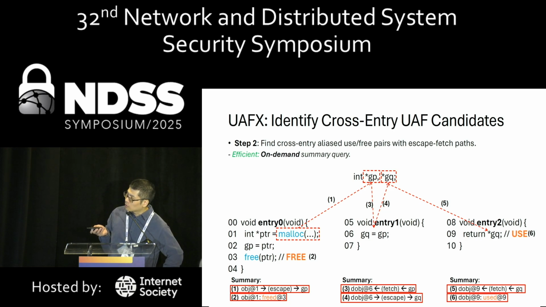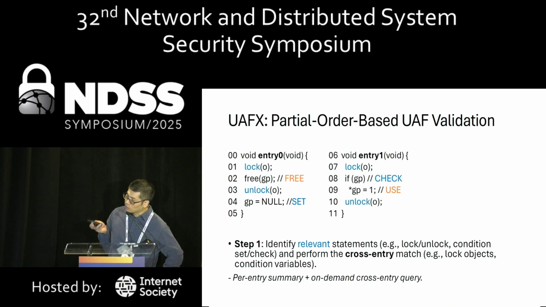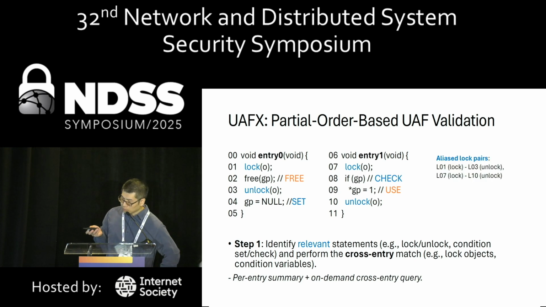So our next step is that we need to verify that this UAF can really happen given the previous candidates. Towards this end, we first need to collect all the relevant program statements related to the UAF validation. For example, it's lock and unlock in entry function 0 and in entry function 1.